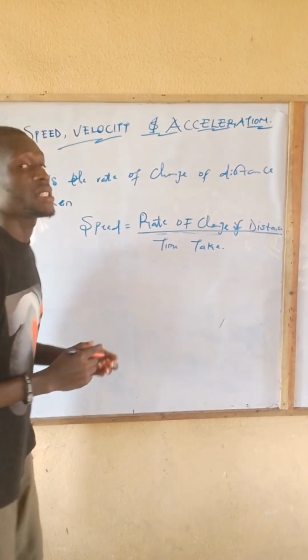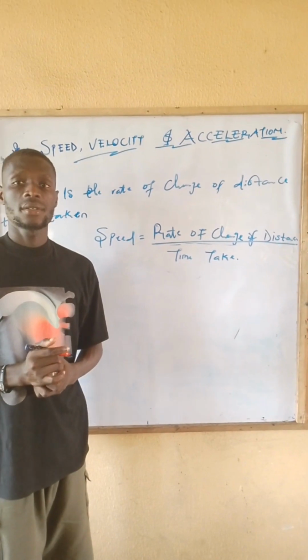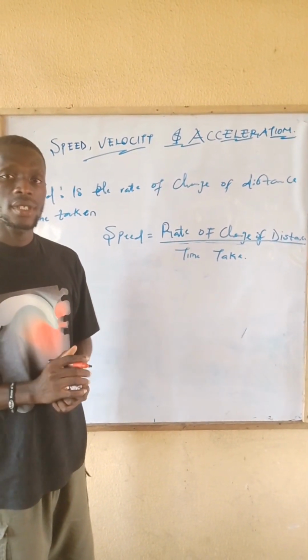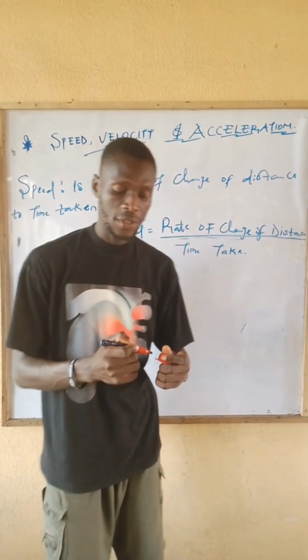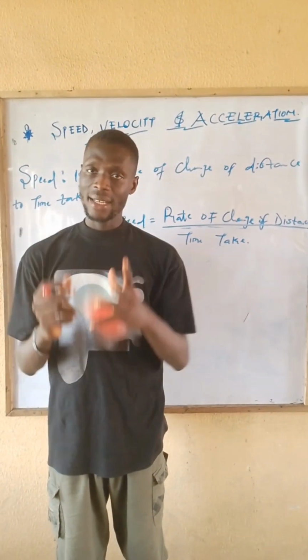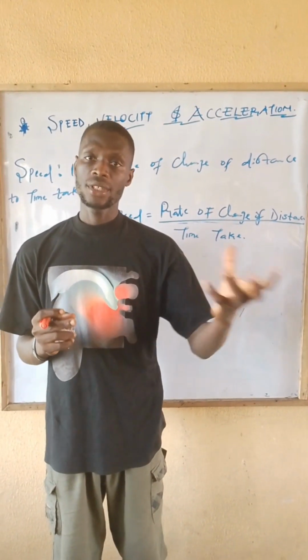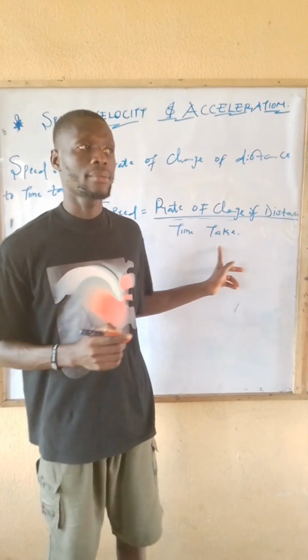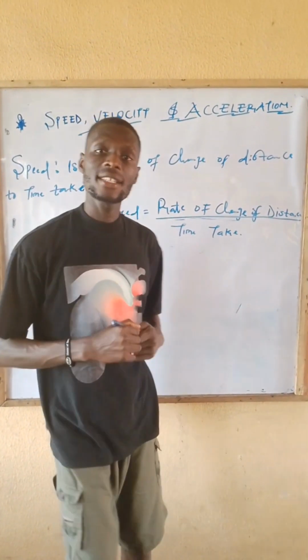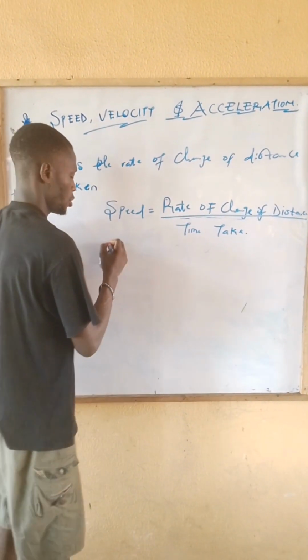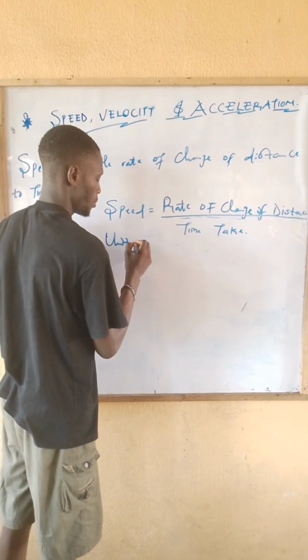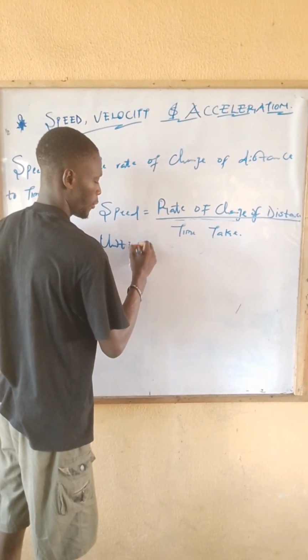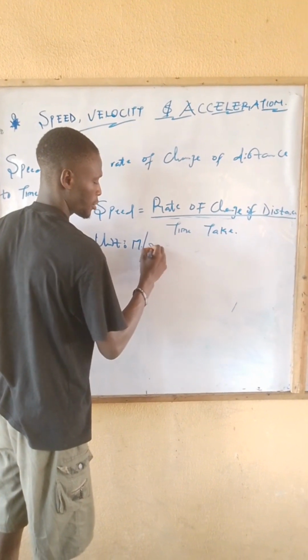And when you talk of speed, as I earlier said, it is the rate of change of a distance moved by a body with respect to time taken. And it has a unit of what? Meters per second.